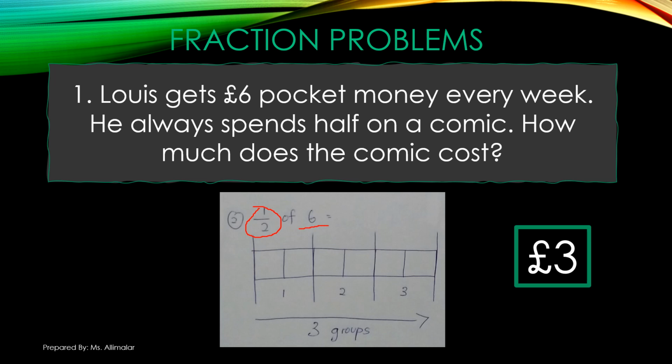What you have to do is, if you see here, I used a bar method. The reason I used the bar method is to help you visualize things. In order to do word problems, try to draw or imagine or visualize. You will be able to find the answer easily rather than reading the words again and again.